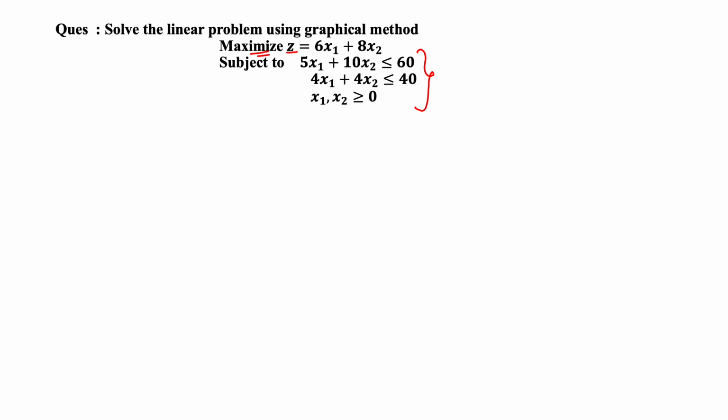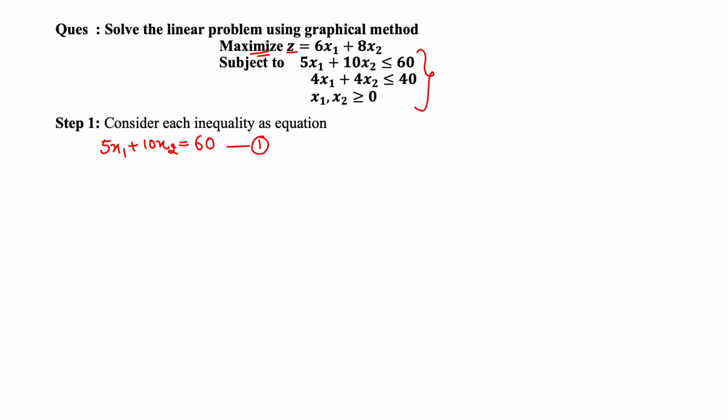The first step in the graphical method is to consider the inequalities as equations. So I will write these inequalities in the form of equations. First I have 5x1 plus 10x2 equals 60. That's my first equation.